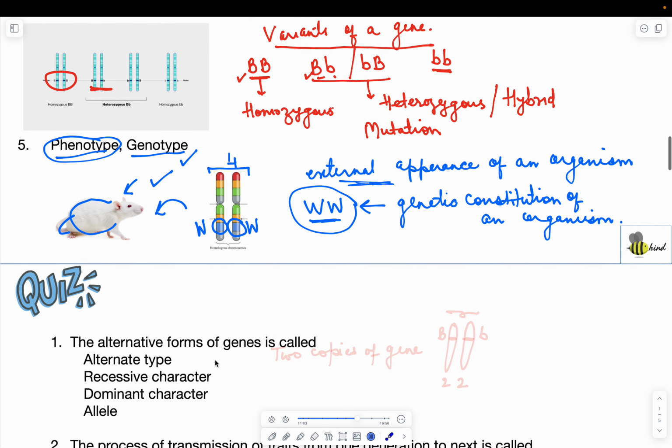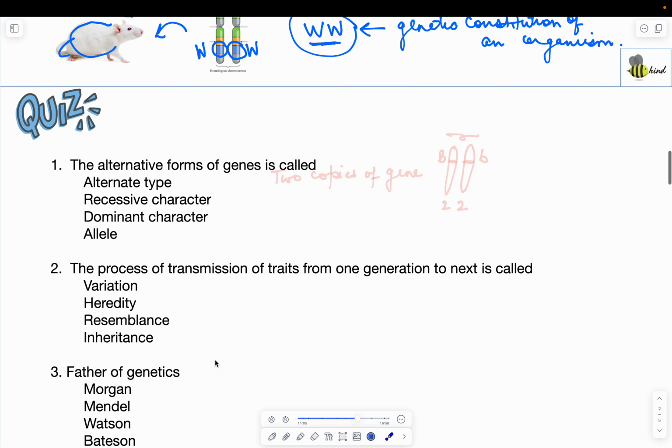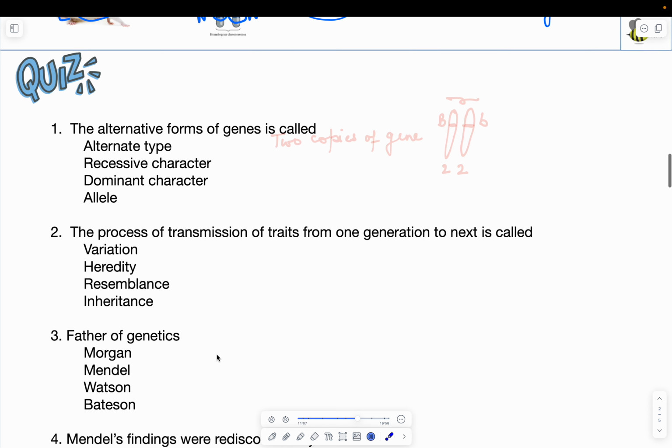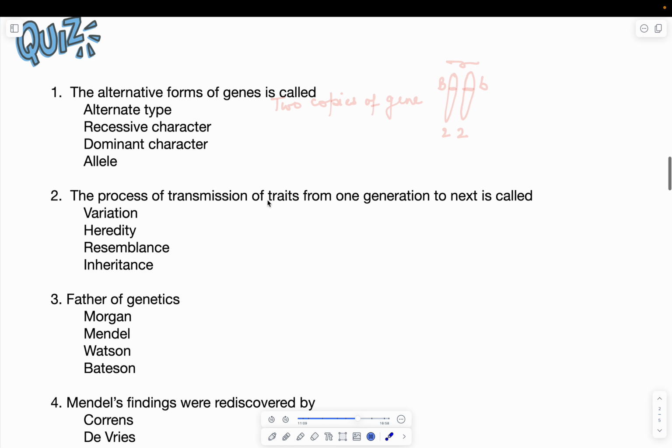So now we will practice some questions on this, right? The first question is the alternative form of genes. The alternative form of the gene is called, as I have already told you, the two copies of gene, right, which are located on homologous chromosomes.